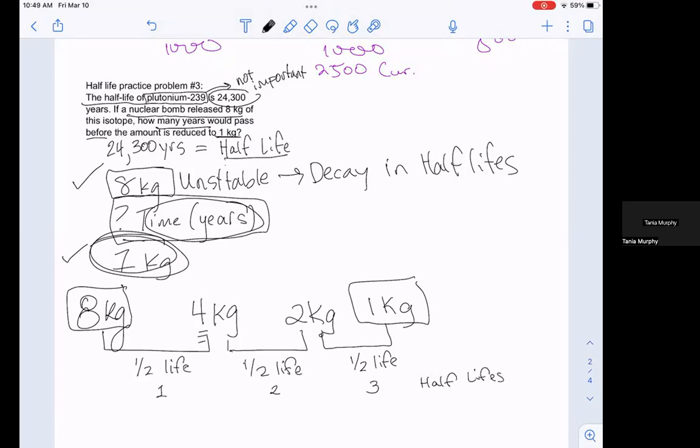So we see that each half-life of plutonium, each time it cut in half, it took 24,300 years, right? So this process took this long for it to go from 8 to 4. And then the 4 decayed to 2, right? It had to cut itself in half. That took this long. The 2 had to turn into 1. That took this long, right?